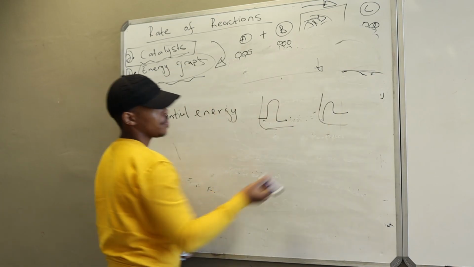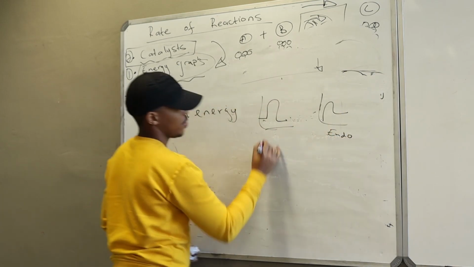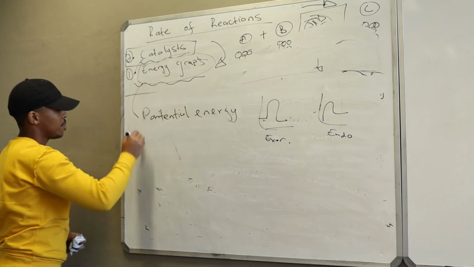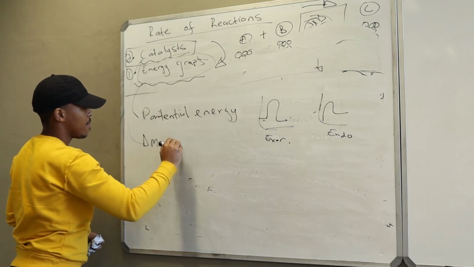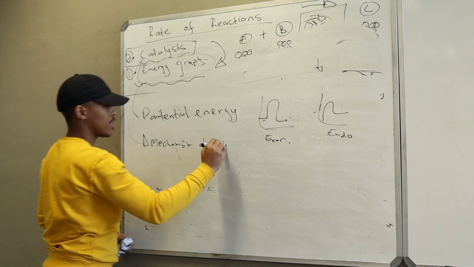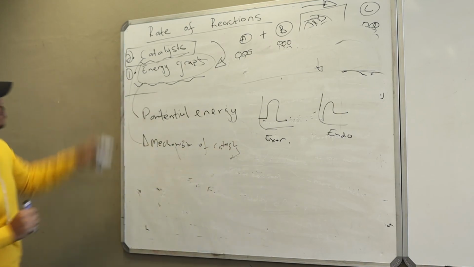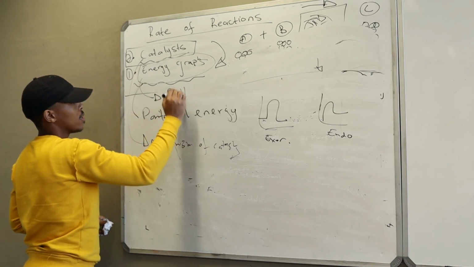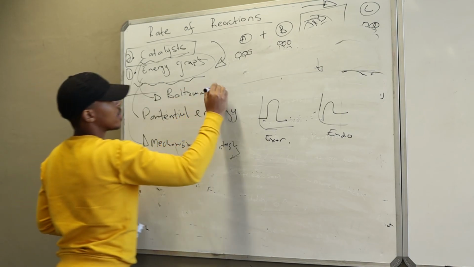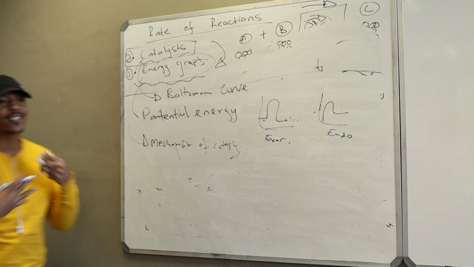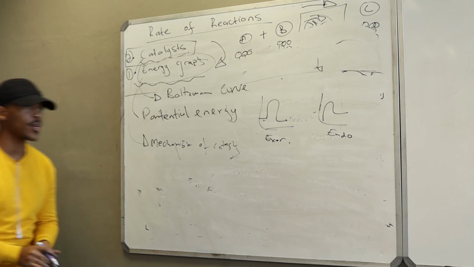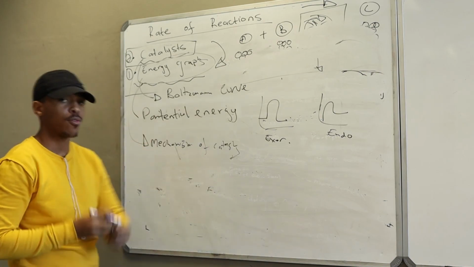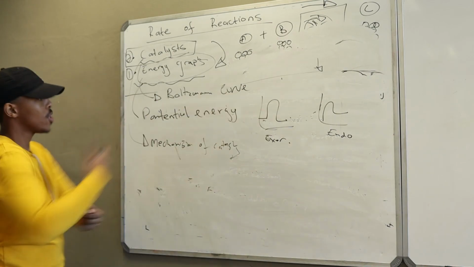We learned about endothermic reactions and we learned about exothermic reactions. We learned about the mechanism of catalysts, right? Here we learned about as well the Boltzmann curve, which basically explains the distribution of kinetic energy within a chemical reaction and tells us which particles will collide effectively and form chemical reactions and which ones will not.